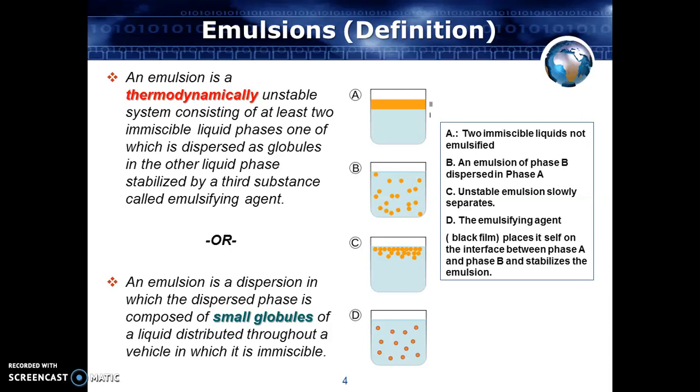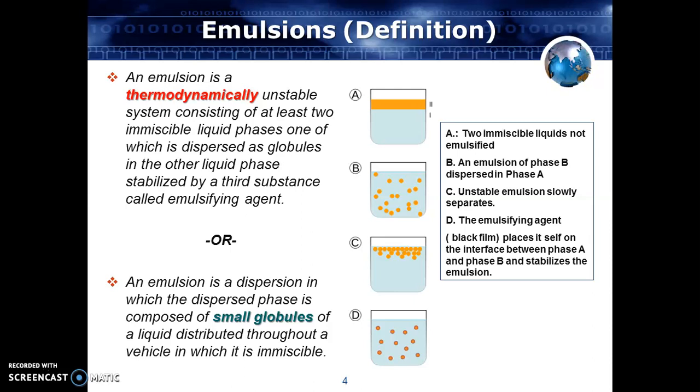So in figures A, B, C, we can observe how a stable emulsion can be prepared. In figure A, when we mix two immiscible liquids, two layers or two phases form, separated from each other. In figure B, when we apply shear or shaking to these two phases, one phase forms droplets in the other phase.